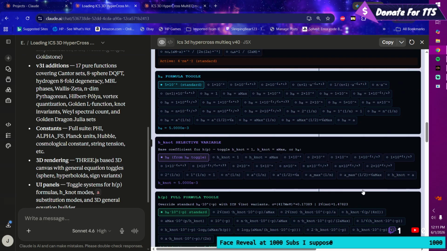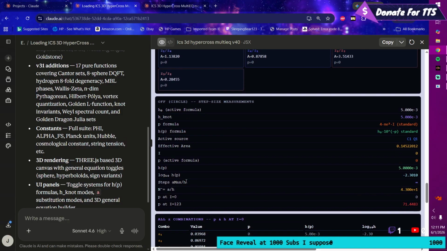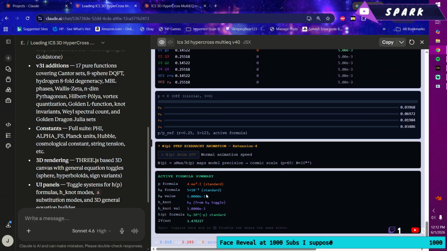going back to this, I'm trying to remember where my NP factor was. Down here, I think, right? N, A over H, so it's n to the power. Yeah, log HP. That's interesting. HP. P active. Yep, because I have I0, so that's effective area. H naught. Where is the formula?